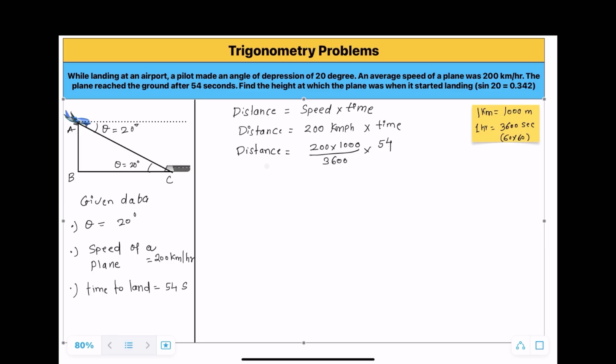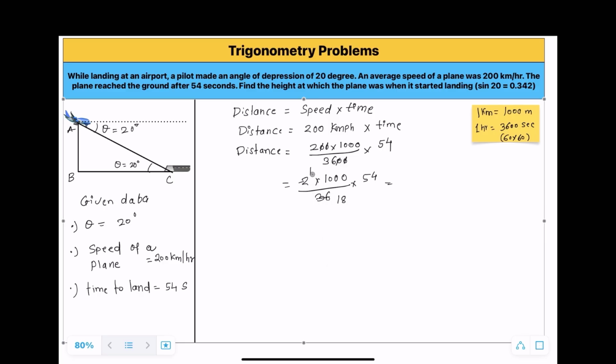Let's do that. We get distance is equal to 200 into 1000 divided by 3600, into 54 seconds as it is. Cancelling these two zeros from numerator and denominator, we get 2 into 1000 upon 36 into 54.